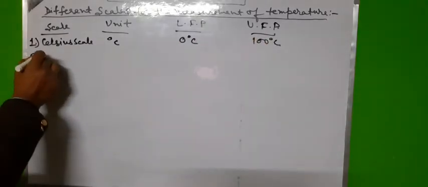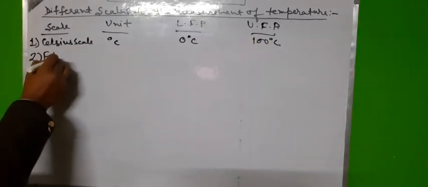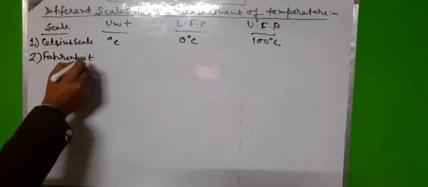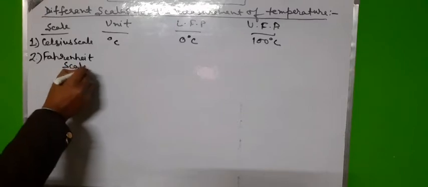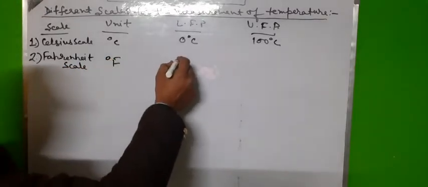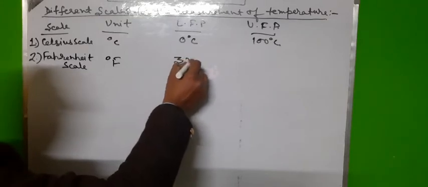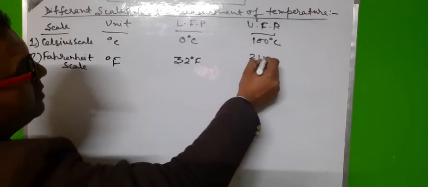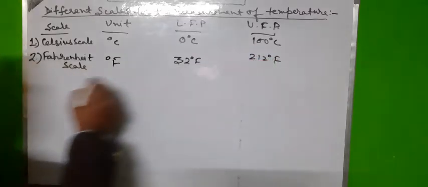Second one is the Fahrenheit scale, with unit degree Fahrenheit. Lower fixed point is 32 degree Fahrenheit and upper fixed point is 212 degree Fahrenheit.